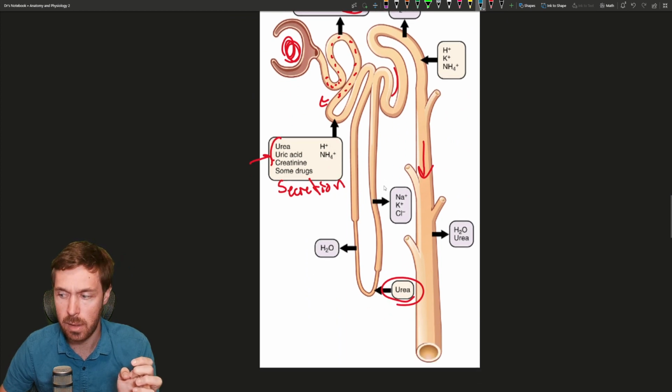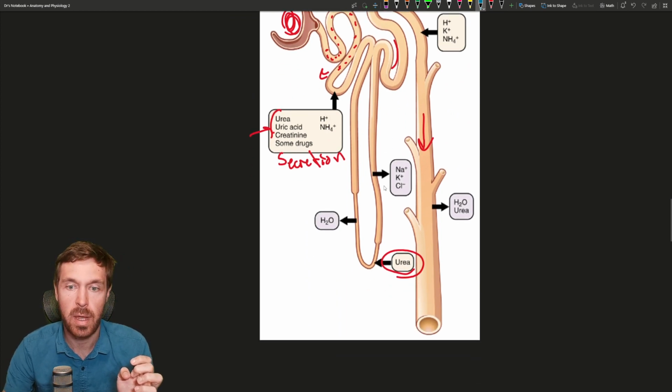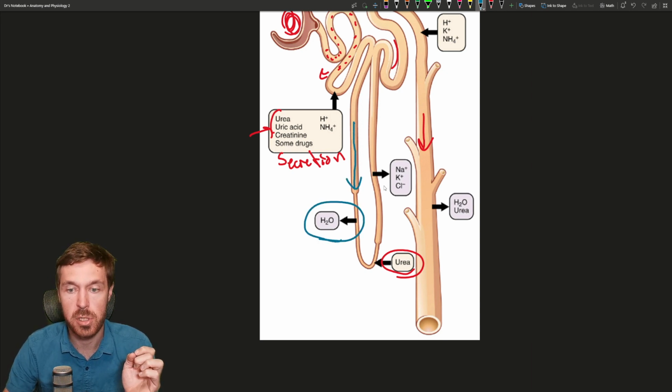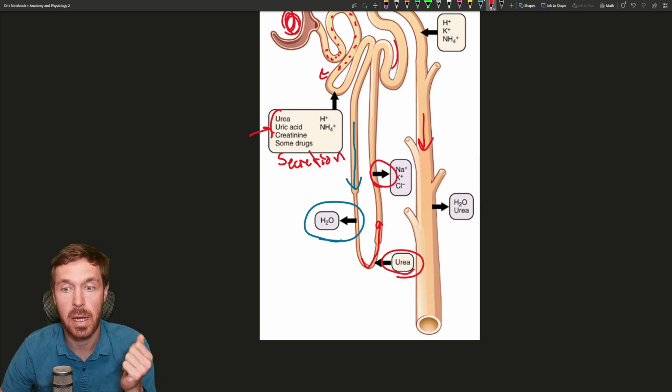And then we go down the loop of Henle. For the loop of Henle, we have the thin limb coming down, and that's where water reabsorption takes place. And then coming back up, we have the thick limb where sodium, potassium, and chloride ions are being reabsorbed.